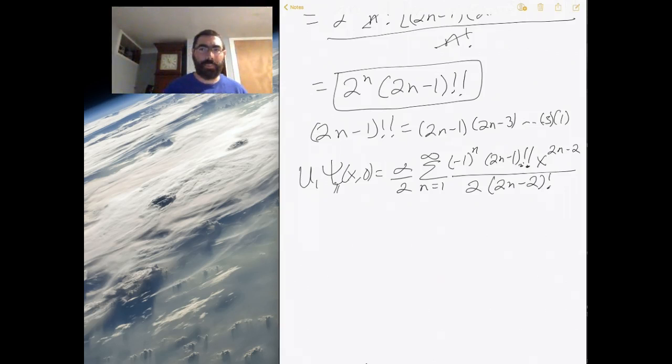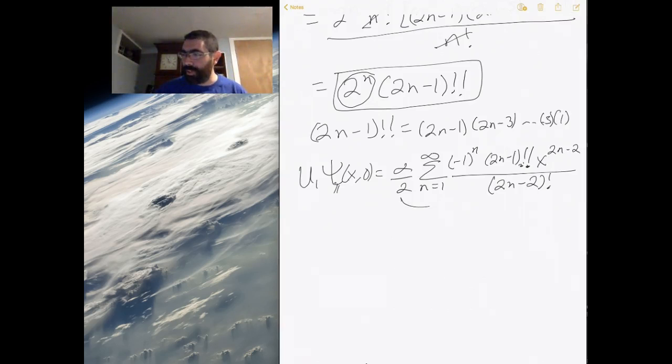So one thing I didn't really mention was the fact that there is a 2 to the power n when I condense those factorial terms, and that's what got rid of the 2 to the n in the denominator.